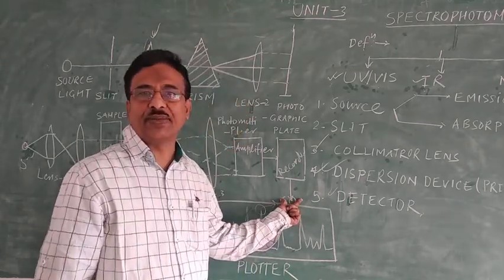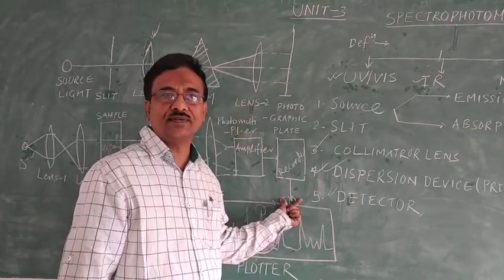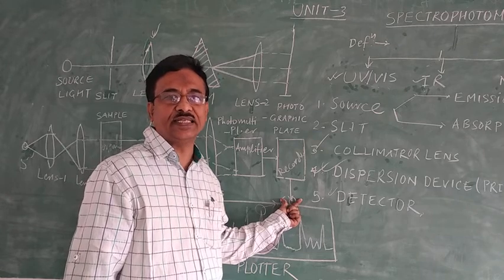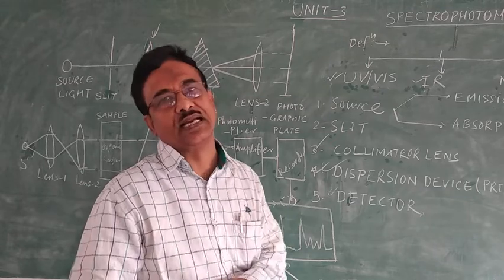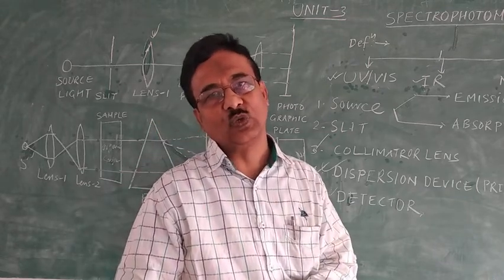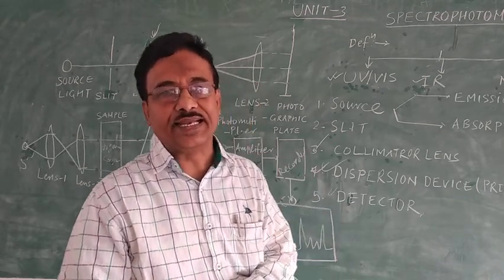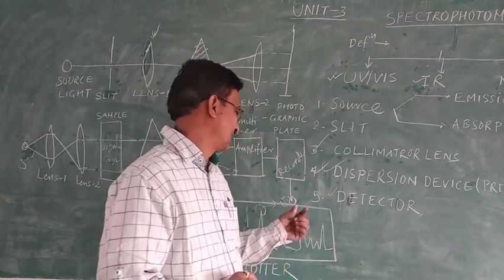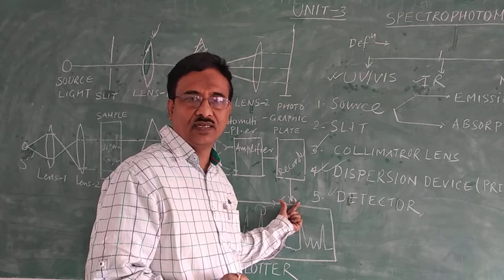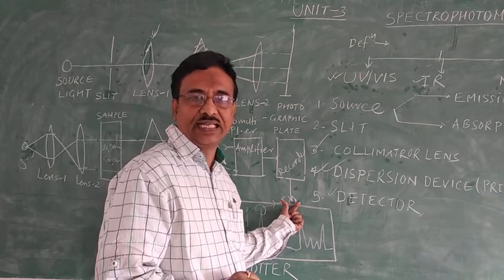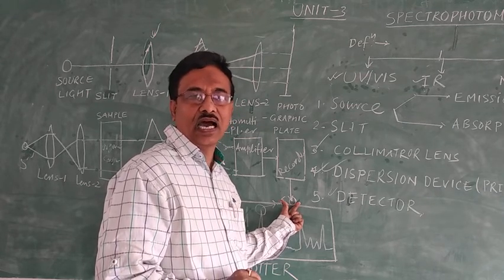If we get a peak at 1710 cm inverse, this peak is known as the carbonyl group peak. So finally you can detect that the unknown organic compound has a carbonyl functional group present.